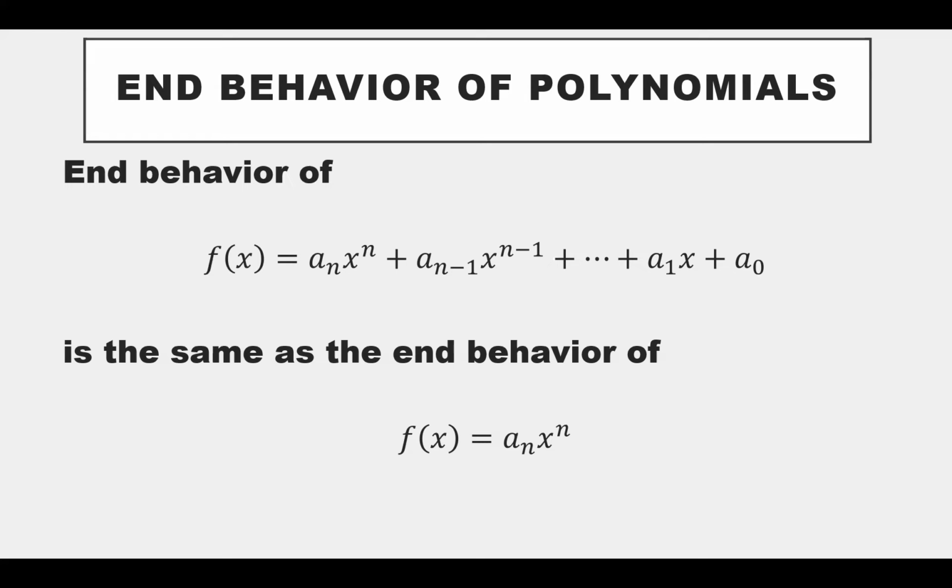As x gets closer and closer to negative infinity, so it's going towards the left, this term is going to overpower or dominate these other terms. So the end behavior of a polynomial function is the same as the end behavior of the polynomial function that has a single term of degree n whose lead coefficient is a sub n.